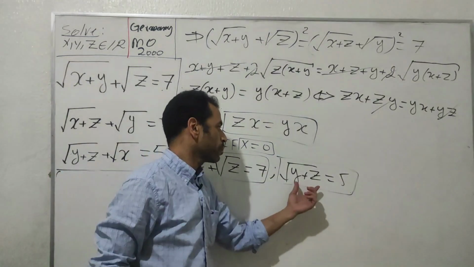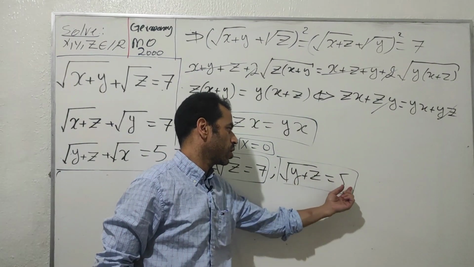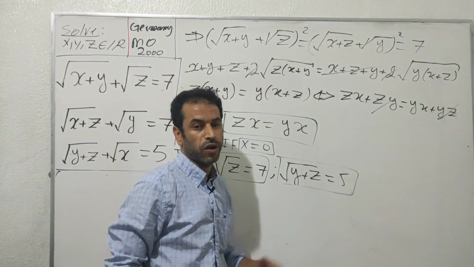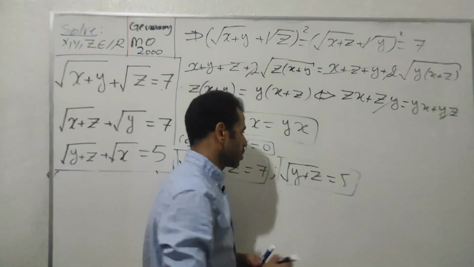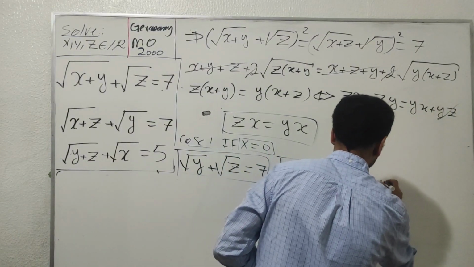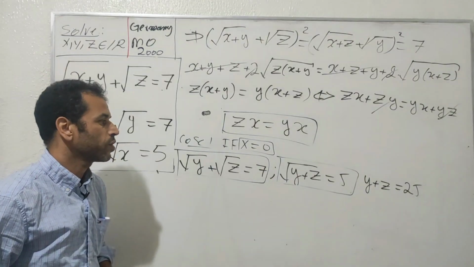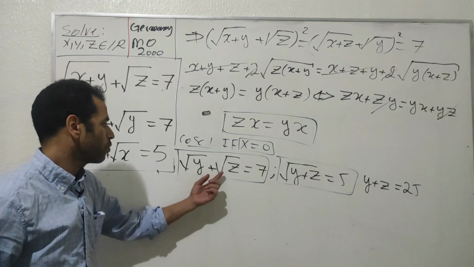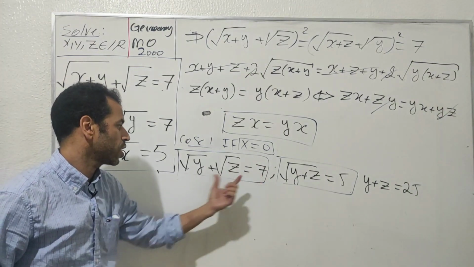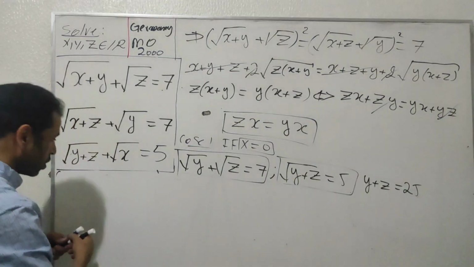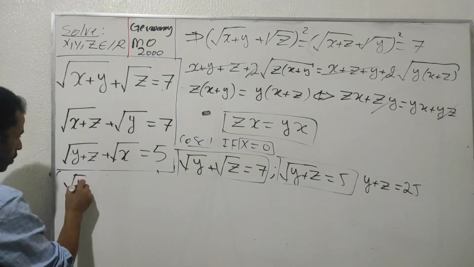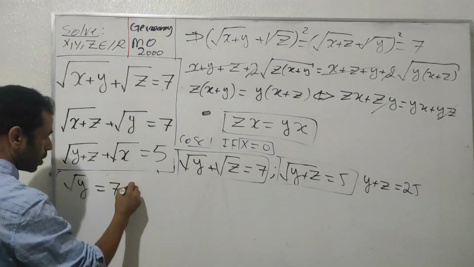For this one, I'm simply going to square it and gain number 25 on the right side, so I get y plus z equals 25. I'm going to leave that as it is, then move the square root of z to the right and square both sides. So I will have square root of y equals 7 minus square root of z.